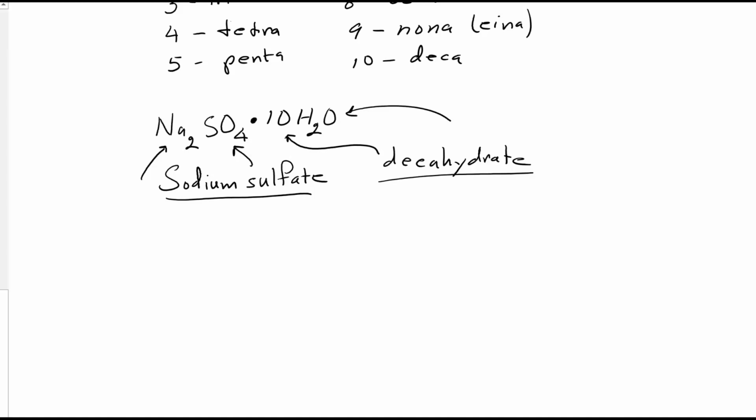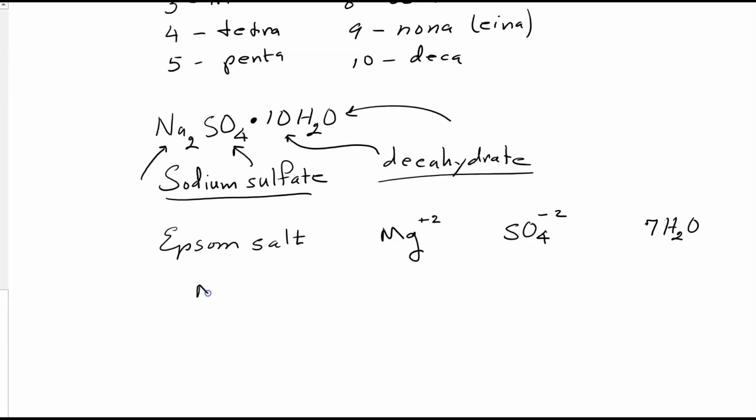Another example of a hydrated compound might be what's found in Epsom salts. Epsom salt is chemically a compound of magnesium, which has a +2 charge, sulfate, which has a -2 charge, and we have water. In fact, we have 7 molecules of water for each formula unit of magnesium sulfate.